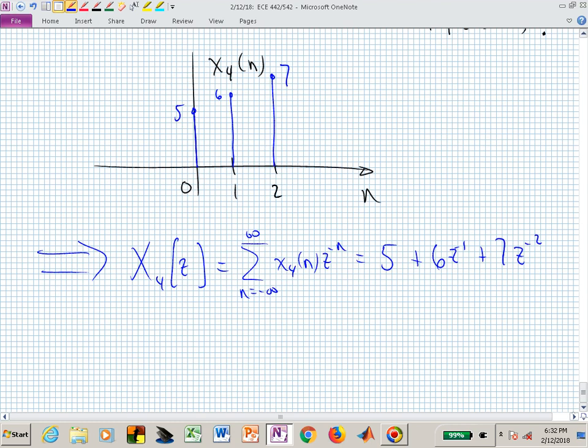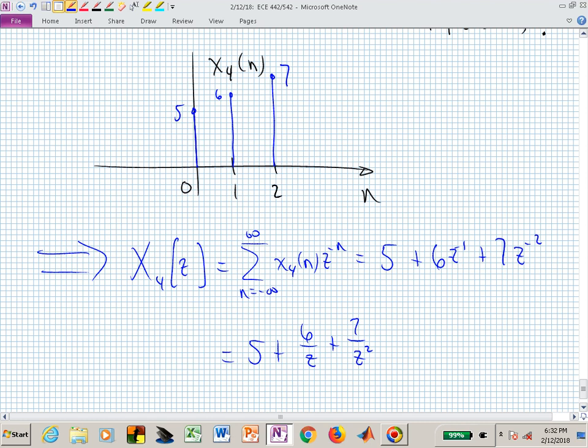That's the z transform. Or you could say that's 5 plus 6 over z plus 7 over z squared.